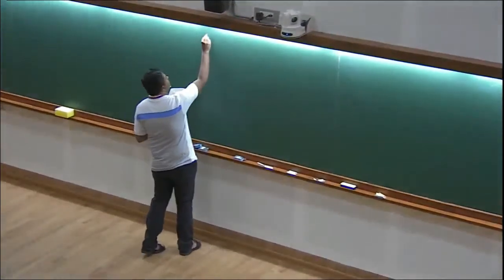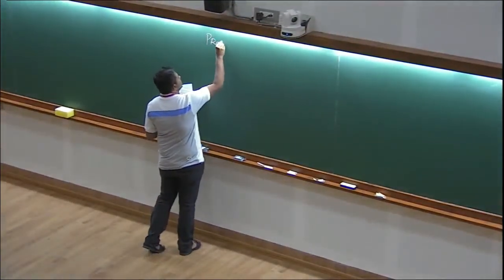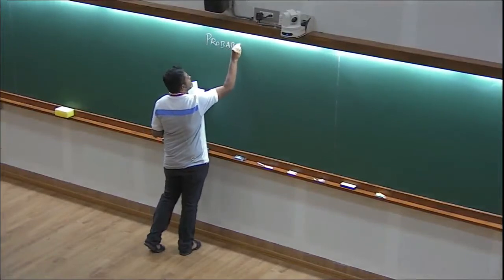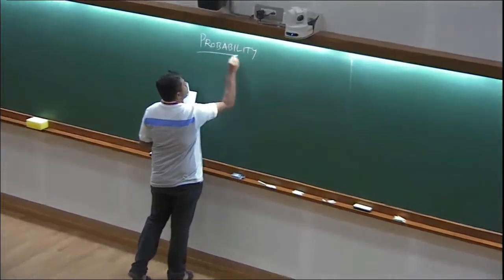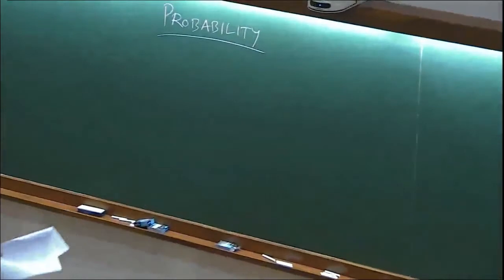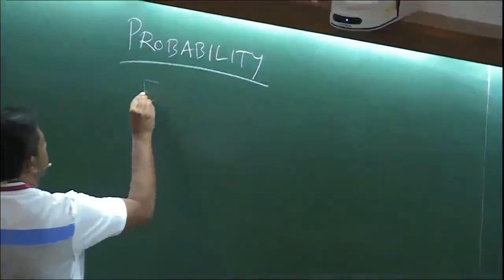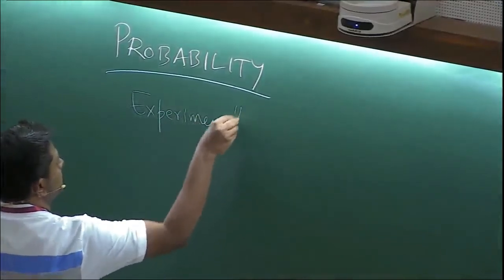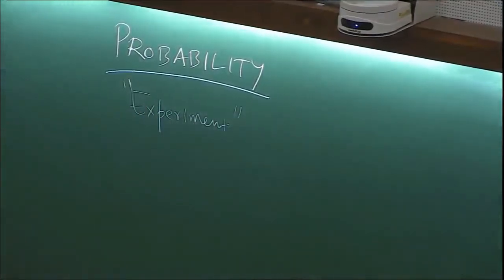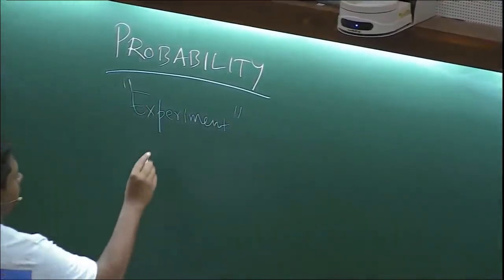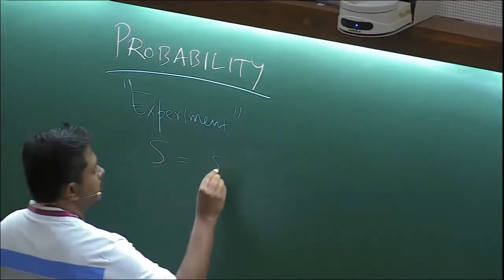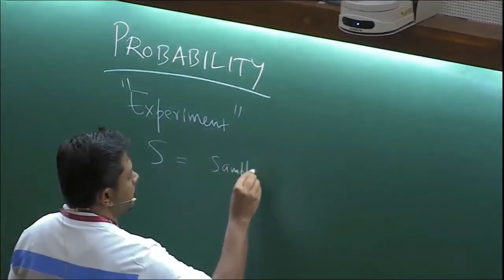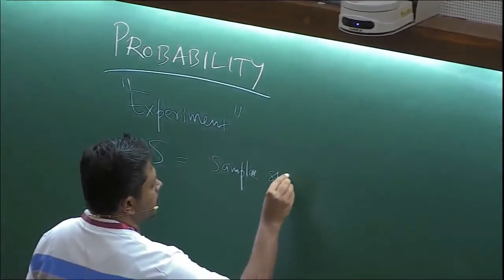So you want to think about basically the ideas of probability and random variables. The simple idea is that you have some experiment, some observation that you see, and that has a certain set of outcomes. You collect all the possible outcomes and define that set as the sample space.